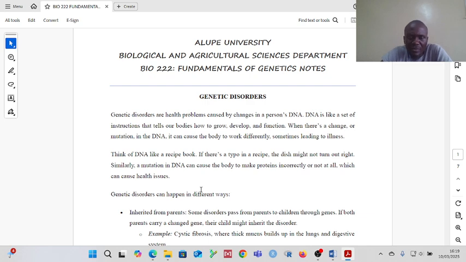So, when we were looking at mutations, we defined them as a change in the DNA sequence. If that mutation is happening in a region of the DNA sequence, and because of that change, the person who incurs it then suffers a disease, then we can define that as a genetic disorder.